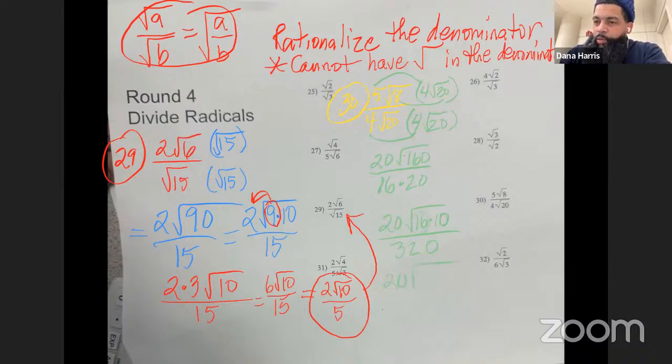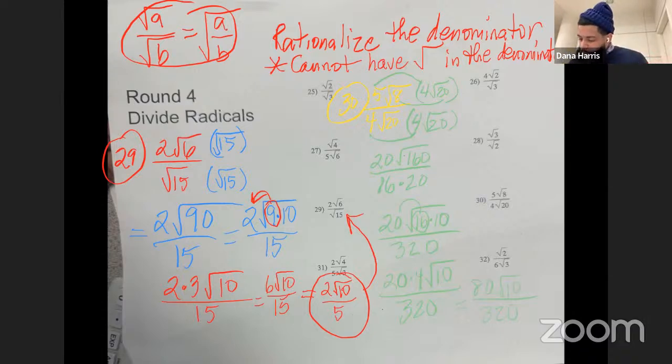Now, this is a perfect square number. So let's erase this. So we can say 20 times 4 square root of 10 over 320. All right, so that gives us 20 times 4 is 80 over 320, which we can reduce, times the square root of 10, okay?